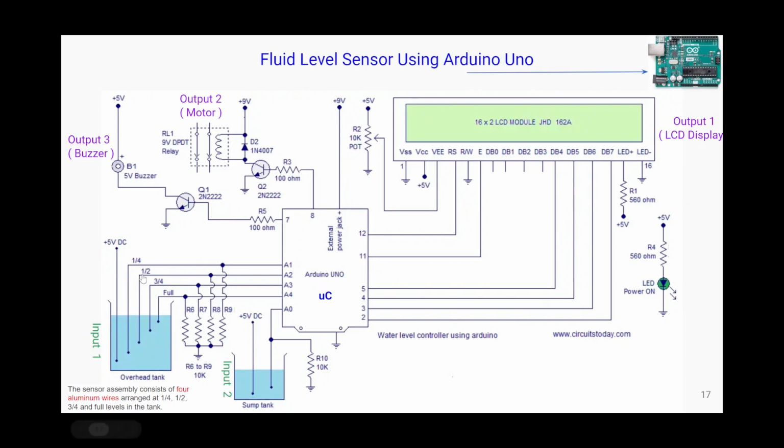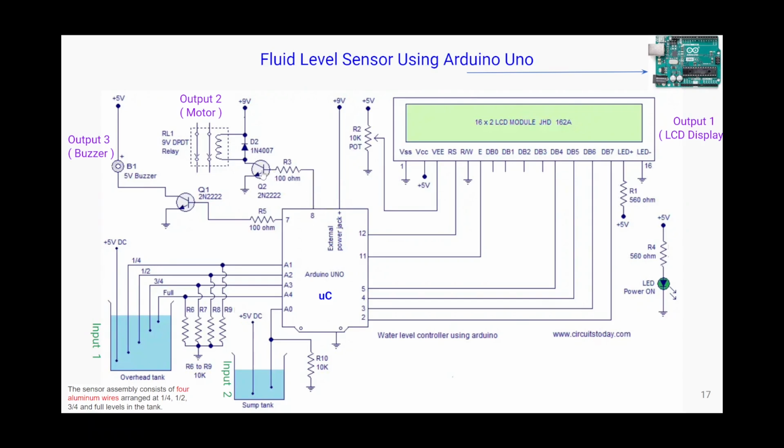For turning on the motor at half tank full, or quarter tank full, or 3/4, one can have other inputs as dip switches so that we don't have to change the program. We can just simply use dip switches to tell the program at what level we want to turn on the motor. As soon as the level of the water goes below the set threshold, it's going to make this pin high.